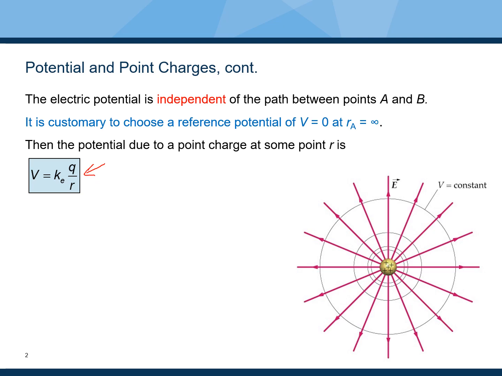This formula is practically as important as Coulomb's law, and so I would urge you all to memorize it. And the other customary convention is that we want to choose to have the potential be zero at r equal to infinity.